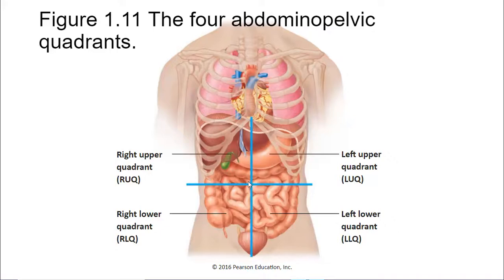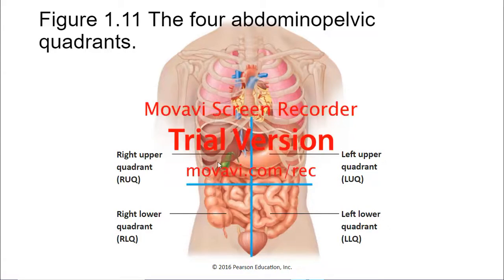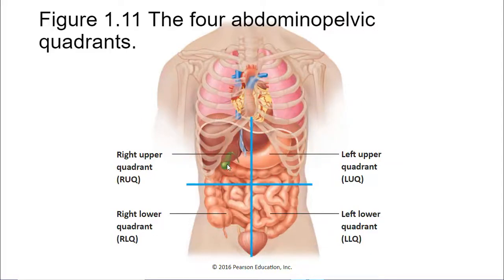In the right upper quadrant, you find your liver, part of the stomach, the gallbladder, duodenum, kidney, pancreas, and the right adrenal gland.